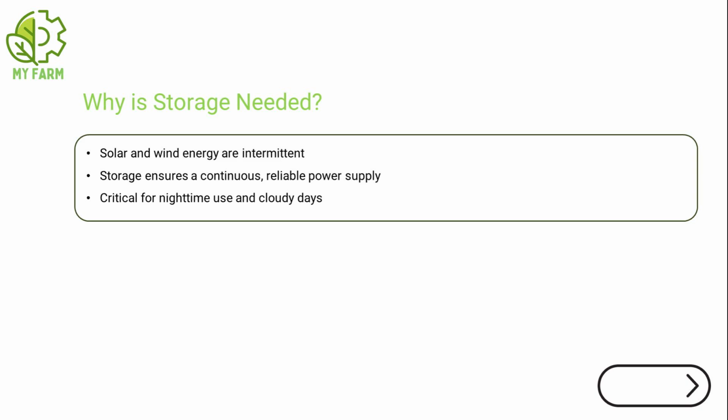In addition, energy storage helps farms reduce reliance on external grids, lowering energy costs and increasing resilience to power outages. It also allows for peak shaving, where farms can use stored energy during high-demand periods to avoid expensive electricity rates. Understanding energy storage is the first step toward building a self-sufficient, renewable-powered farm, capable of operating efficiently in any weather condition.